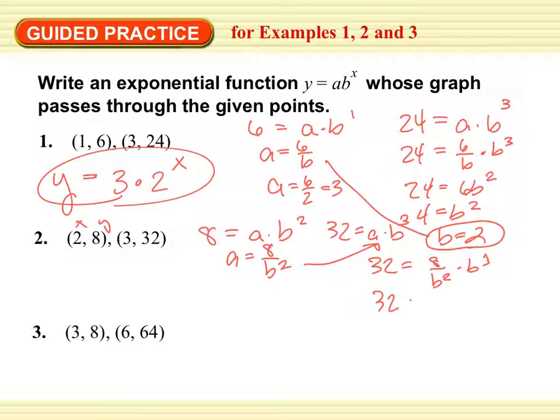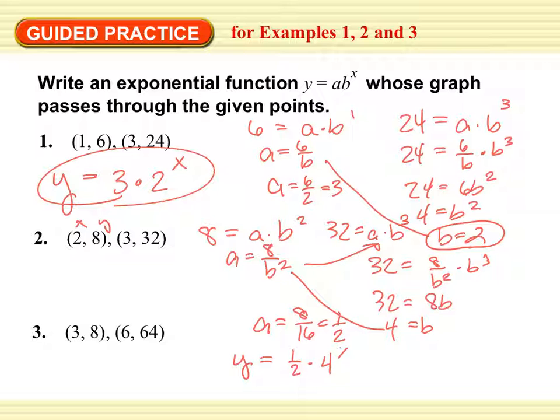So 32 equals 8b, or b equals 32 divided by 8 is 4. Okay, plug that back in. a equals 8 over 16, or 1/2. So y equals a times b to the x. Perfect.